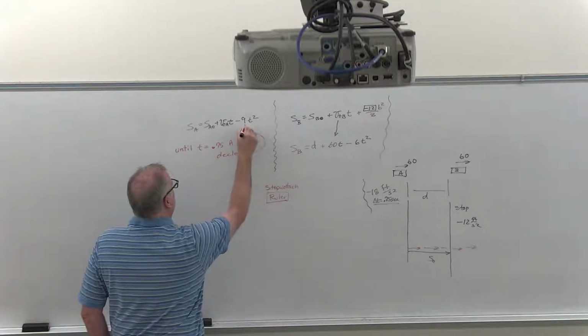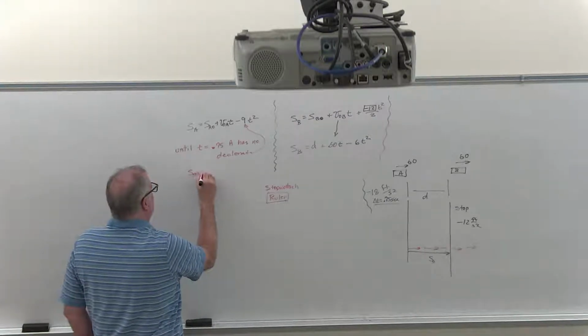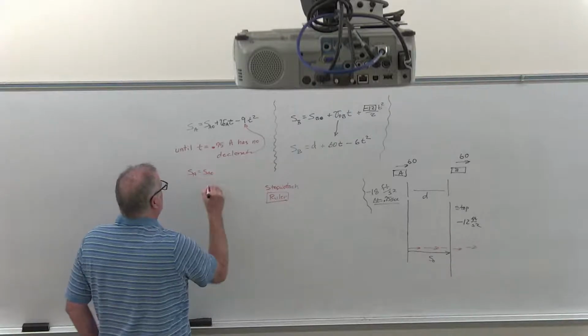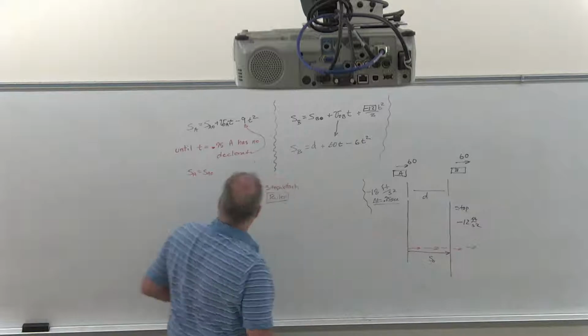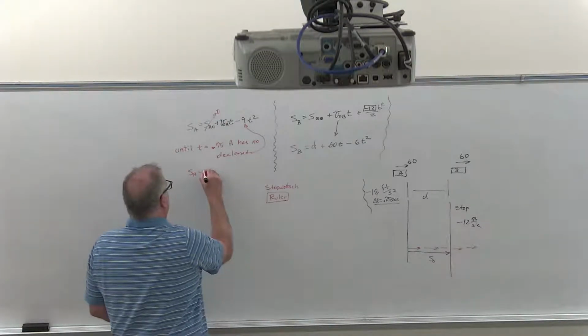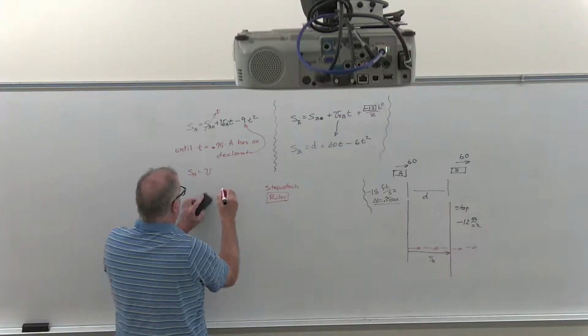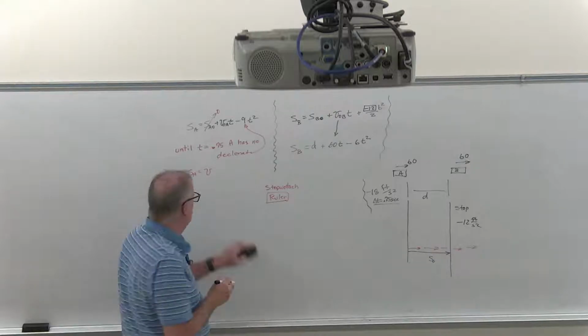In other words, SA is equal to SA naught, which, since I put the ruler right there, is just 0, so I don't have that. VA naught is actually still 60, right? They're both 60? Oh, okay.